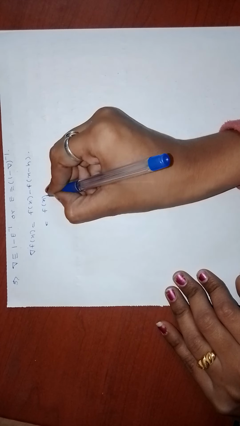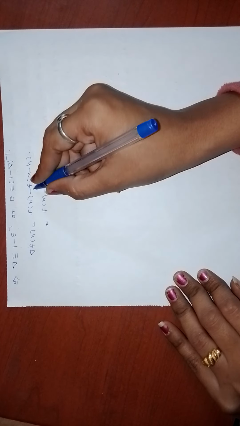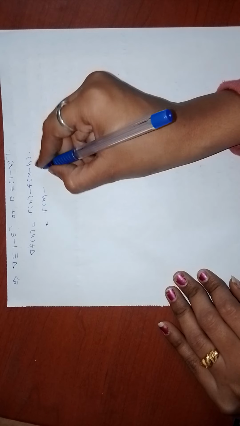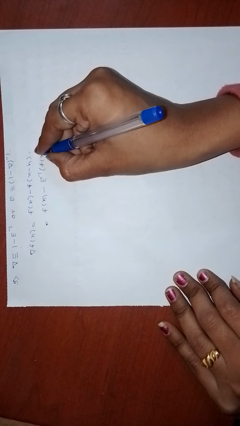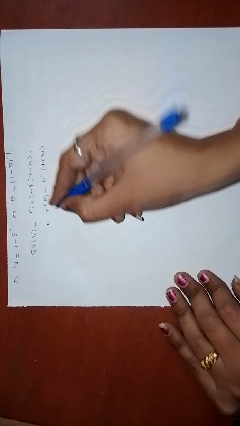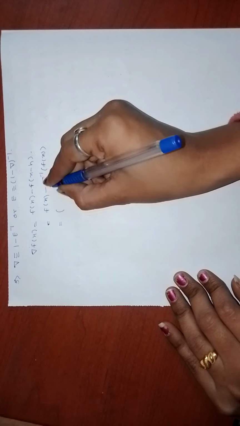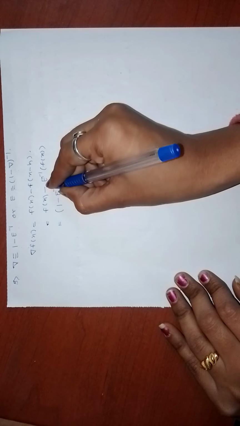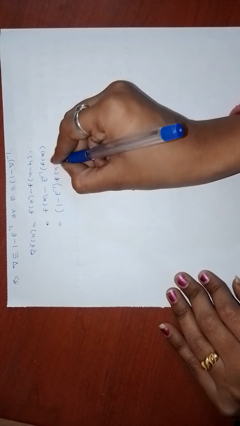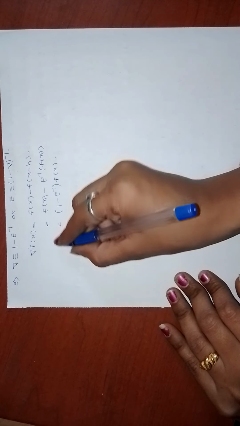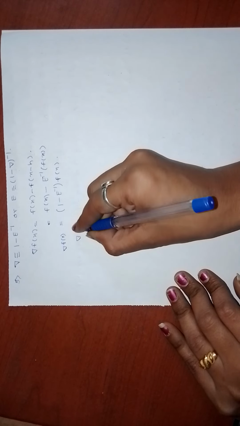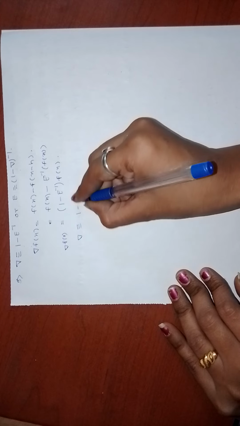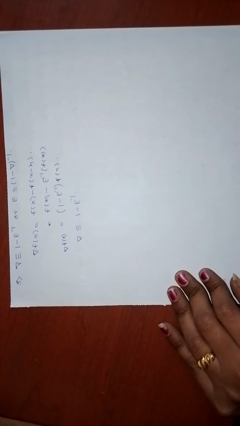This is f of x as it is, but we know that f of x minus h is E inverse f of x. Take f of x common, we get 1 minus E inverse f of x. That is, we get del is congruent to 1 minus E inverse.